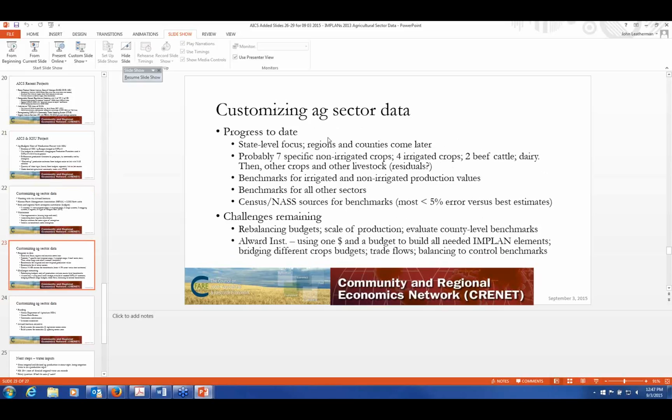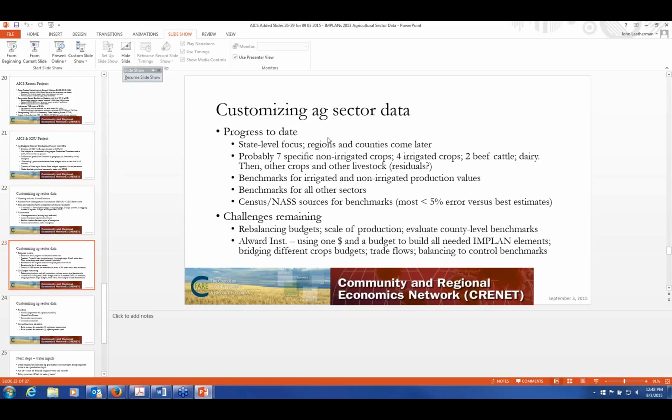I feel as though I've been able to establish good benchmark numbers for both irrigated and non-irrigated crop production values, as well as benchmarks for all other sectors that are represented in these categories that I'm hanging on to. And sort of naively, I went about the process of coming up with what I believed, in consultation with my colleagues here in the department, to be the best estimates that we could come up with, and then went and cross-checked that against various sources in the Census of Agriculture and NASS data.